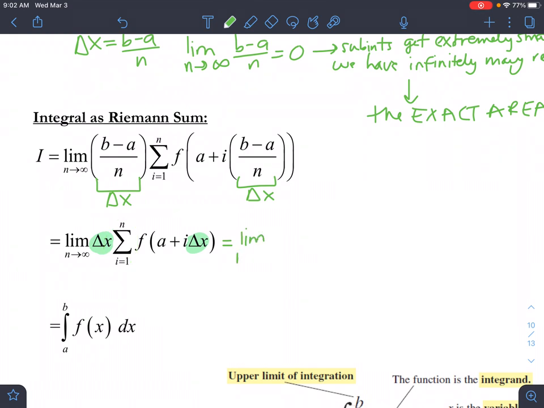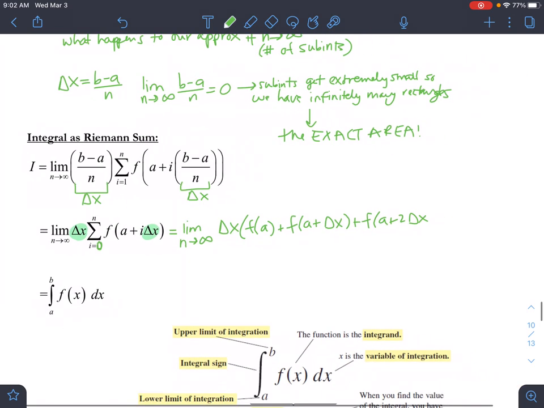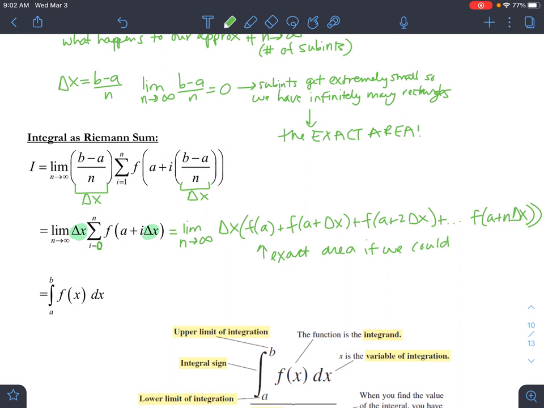You would have the limit as n approaches infinity of delta x times all the heights: f of a plus 1 delta x plus f of a plus 2 delta x, plus dot dot dot f of a plus n delta x. That same idea here. And again, this would find us the exact area if we could do it, but we can't.